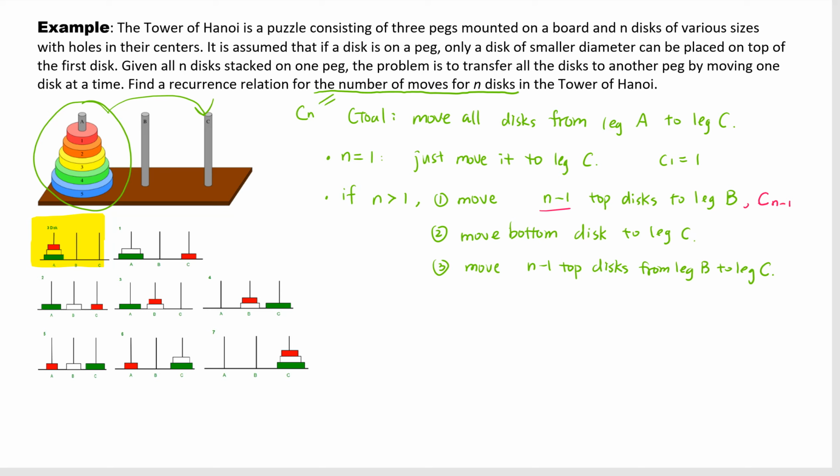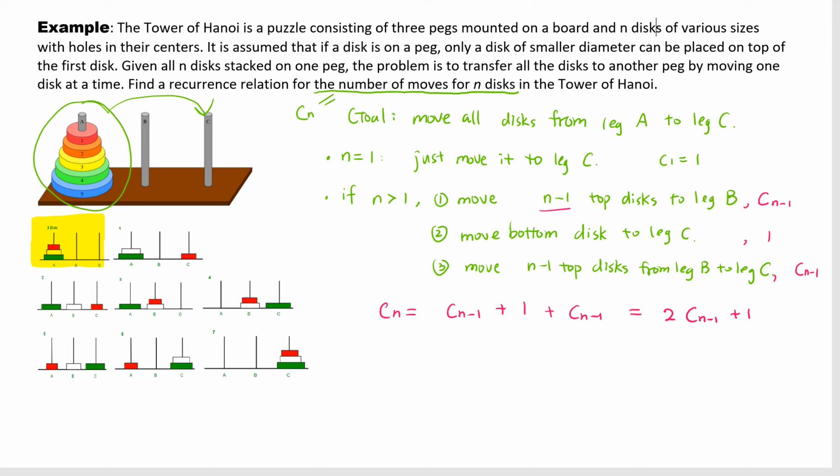So far, so good. And then second step, when we move the bottom disc to leg C, this is only one move. Okay, and then when we move the n minus 1 top discs from leg B to leg C, this is also Cn minus 1. So therefore, Cn, we sum the moves from each step, is Cn minus 1 plus 1 plus Cn minus 1. So we have two copies of Cn minus 1 plus 1.